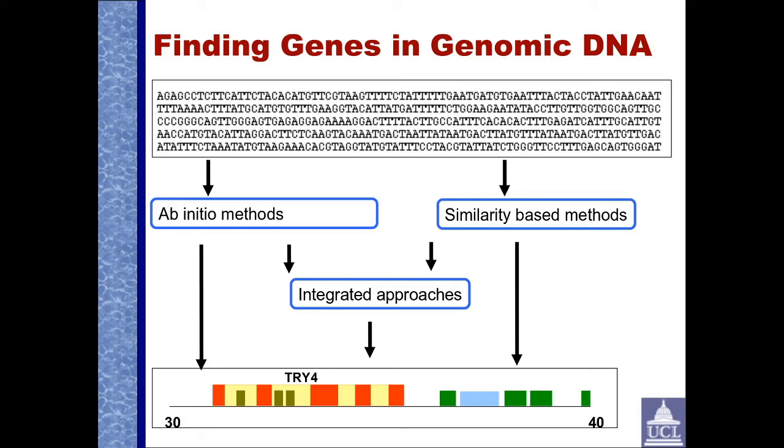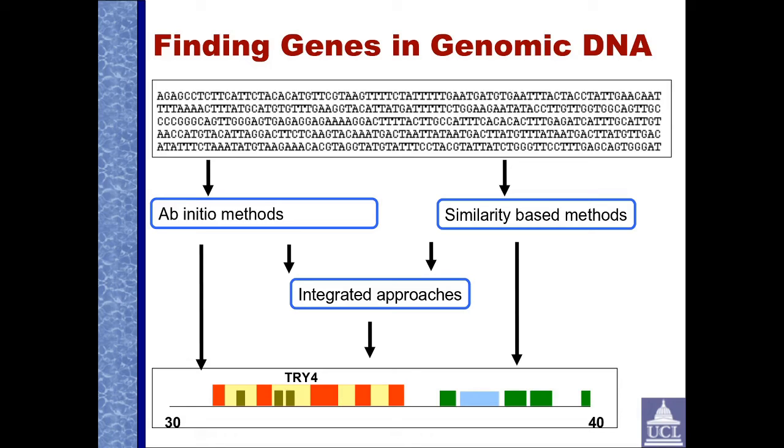So, in terms of the methodology that we use, there are two major approaches: the ab initio methods and the similarity-based methods. Ab initio methods use information about the DNA sequence, intrinsic information, if you like, that has been learnt from looking at other DNA sequences.